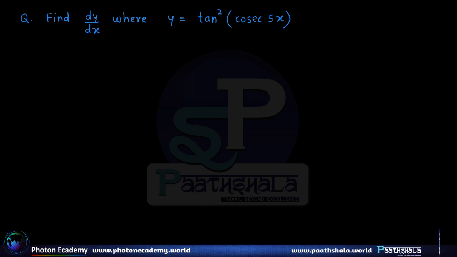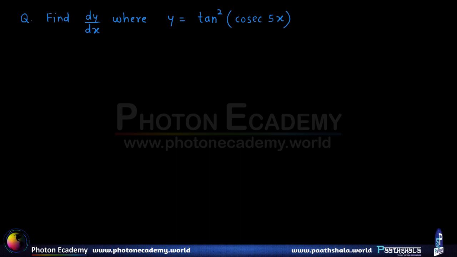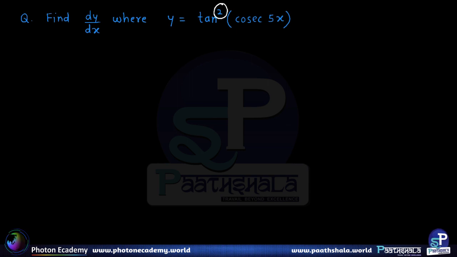As I said in the last example, we have to read out the function from the outermost operation to the innermost operation. One care we have to take here is, although we visually see tan as the first expression written, that is not the outermost operation. The outermost operation is the squaring operation, which is done last. So y is equal to square of tan of cosec of 5x.